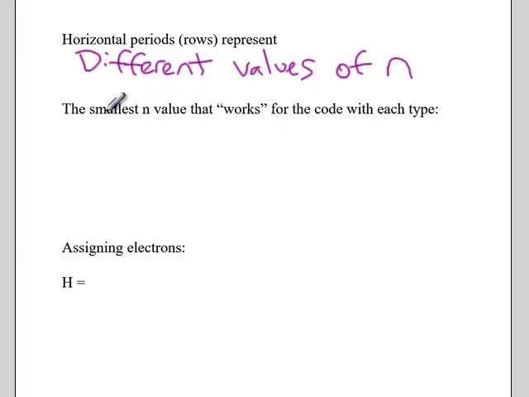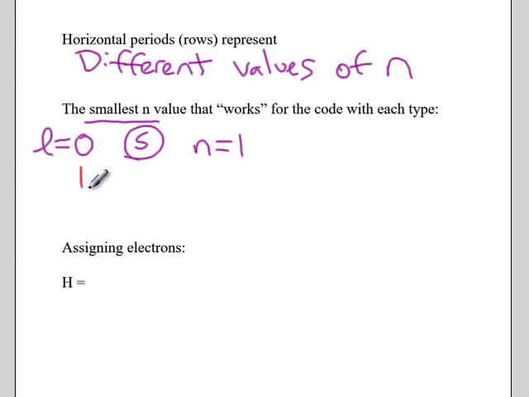Now, the key thing to remember when you look at the periodic table is the smallest value of n that's going to work with the rules of all 4 quantum numbers. In other words, if we're talking about the quantum number L equal to 0, that's an s orbital, the smallest value of n that will allow L to be 0 is n equal to 1.